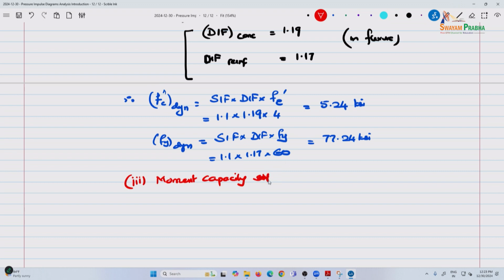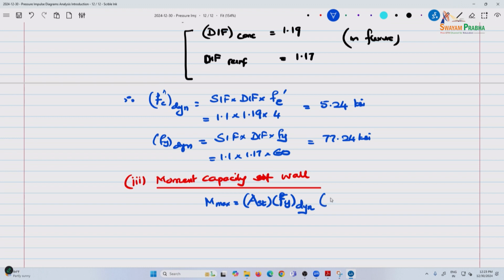So, the moment capacity of the wall is given by the following expression: M max is the area of steel multiplied by the Fy dynamic, basically the force, multiplied by the effective depth. This is the effective depth, the depth from the compression face to the center of the steel.